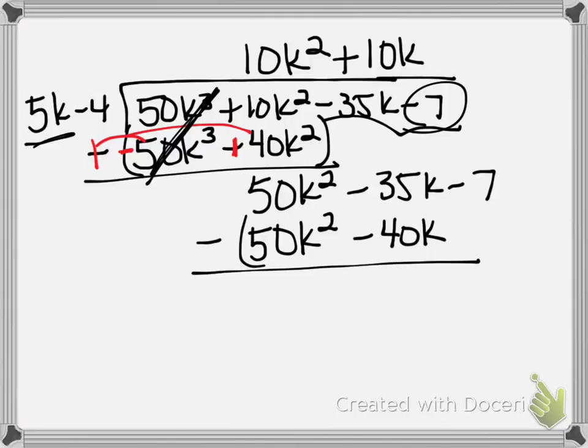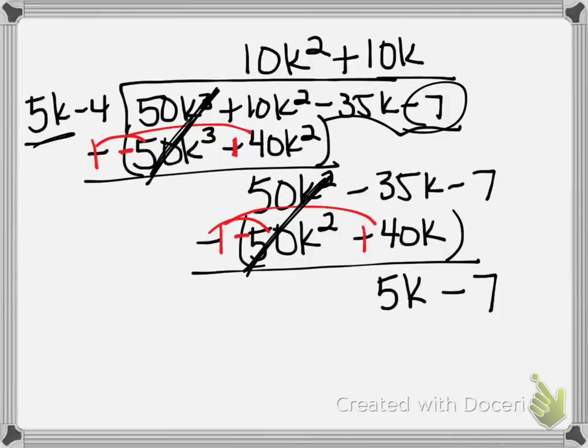And now I need to subtract these, so I need to distribute this negative. So now I have 50k squared plus negative 50k squared, and that gets you 0. Then I have negative 35k plus positive 40k, and that gets me 5k, and I bring down that minus 7.